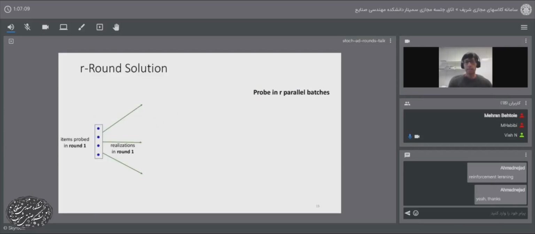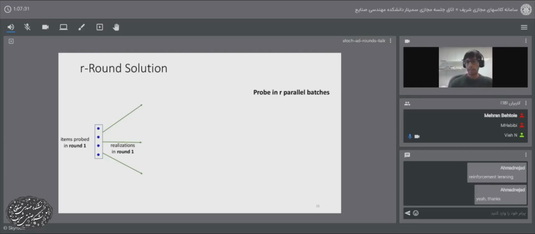So I mentioned that we are interested in solutions that can be implemented fast. So we formalize this by means of rounds, where in every round, we are going to probe or select some items in parallel. So we don't have to wait separately for the realizations of each of these items.